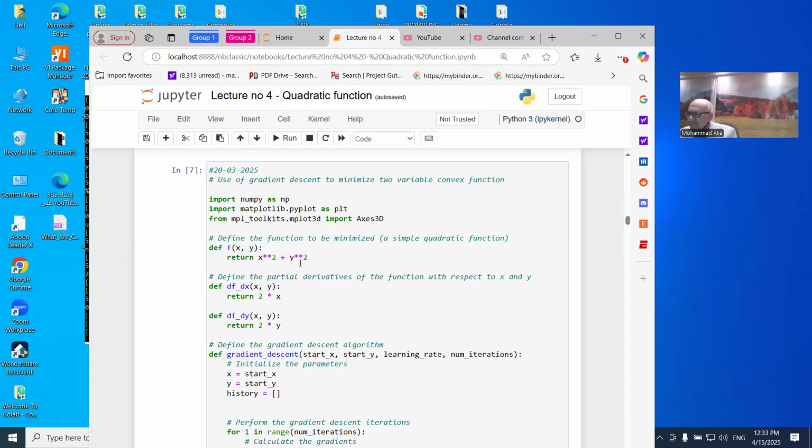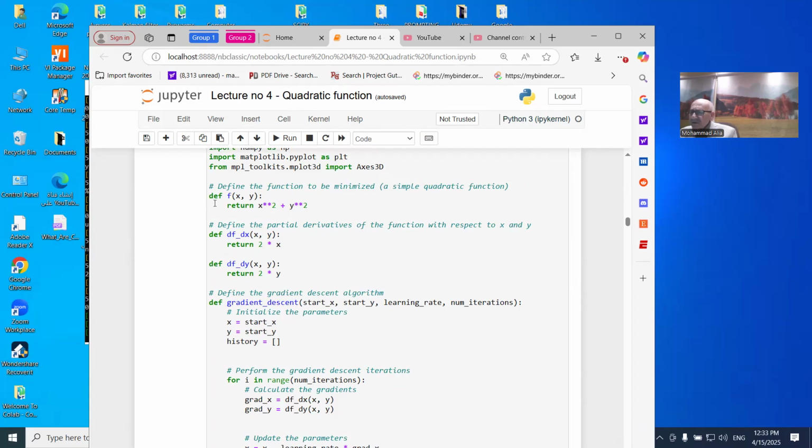Here is the idea. So at first we have to define the function. The function is defined. It is called f, and the variables we have are x and y. And this is the expression of our function, known to you very well. Now we need to find the derivative of this function.